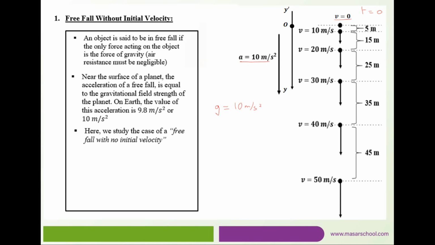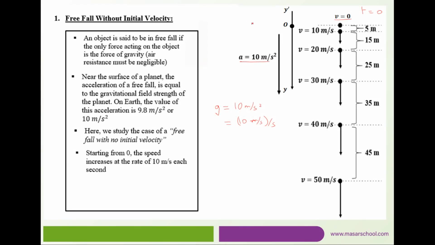Here we study the case of a free fall with no initial velocity, as I've mentioned. Starting from 0, the speed increases at the rate of 10 meters per second each second. As we said, the acceleration is 10 meters per second squared, which means that each second the speed is increasing by a value of 10 meters per second.